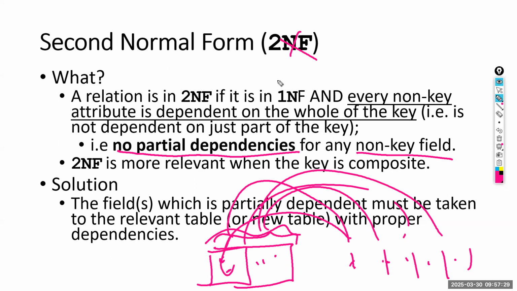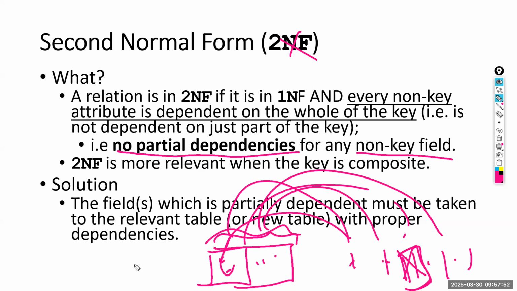Okay. So in case you find such an attribute which does not depend on your primary key, or the whole of your primary key in case it's a composite key, you need to take that attribute to the relevant table. This is not the place for this attribute. So this attribute is in the wrong place, so it should go to the relevant table.